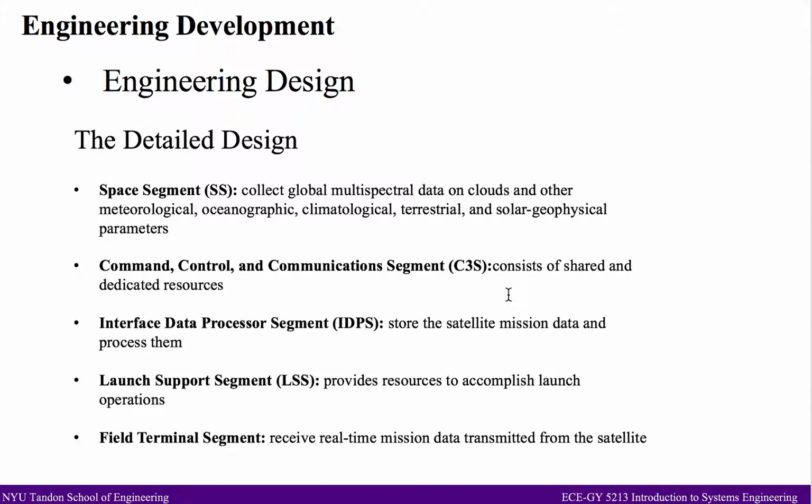For the interface data processing segment, it consists of ground hardware and software elements which ingest and store the satellite mission data and process them as necessary into raw data records, known as RDRs, sensor data records known as SDRs, or temperature data records, and also the EDRs, the environmental data records.